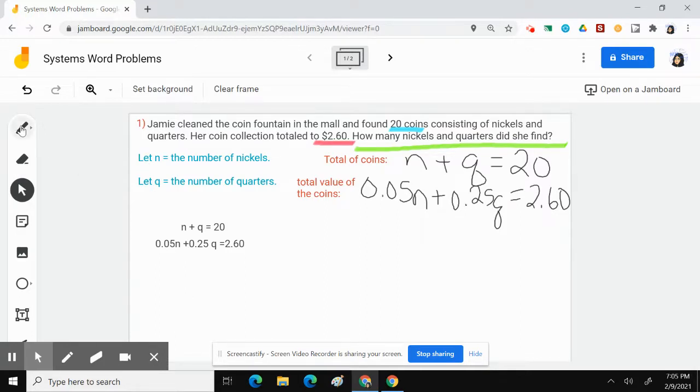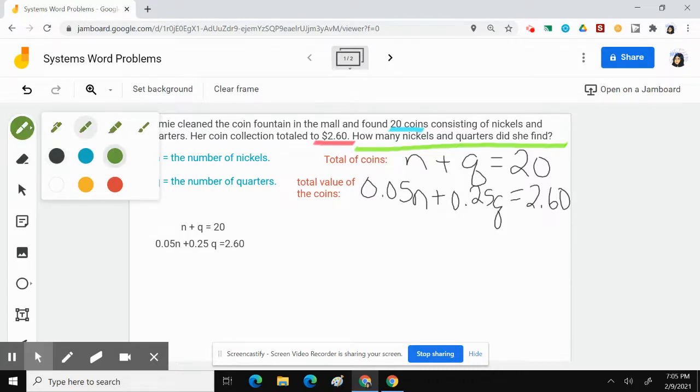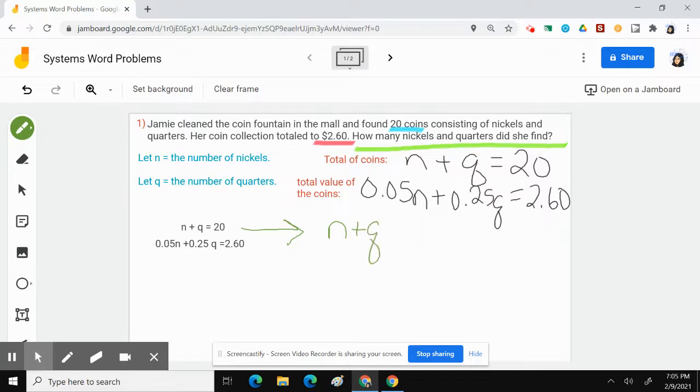So I'm going to choose substitution just because if I look at this equation, n plus q equals 20, I only have to take one step to get a variable isolated. So if in this equation I wanted to isolate the n, I could subtract q from both sides. So I'm left with n equals 20 minus q.